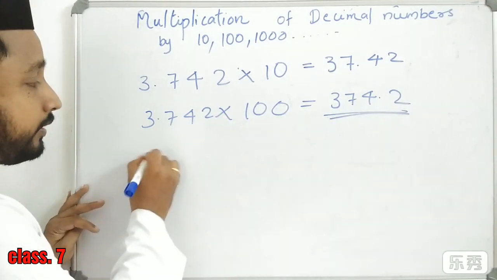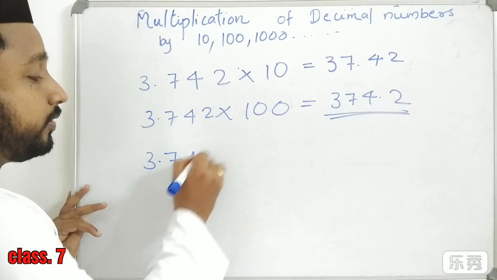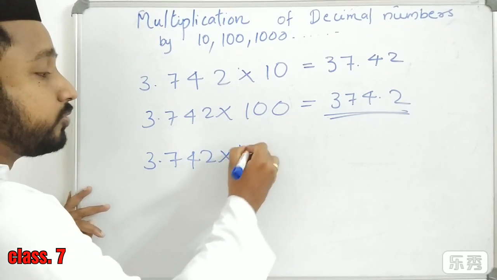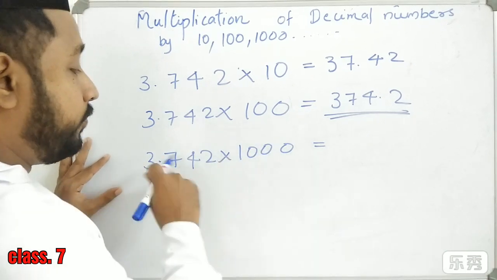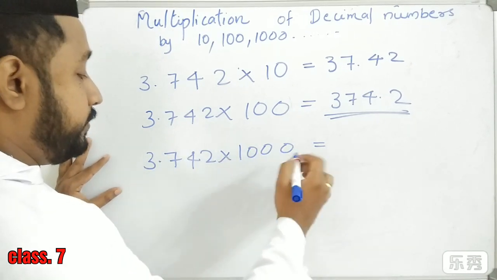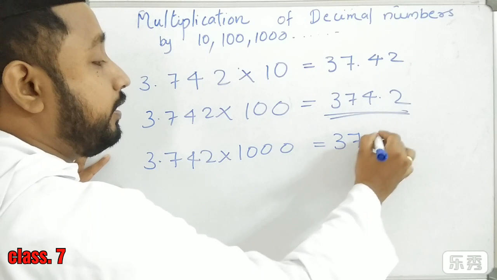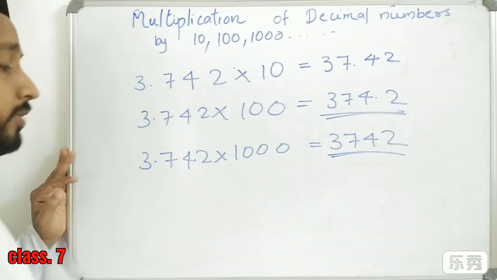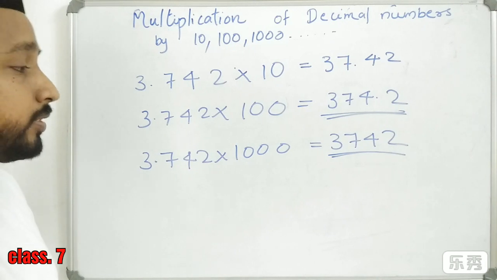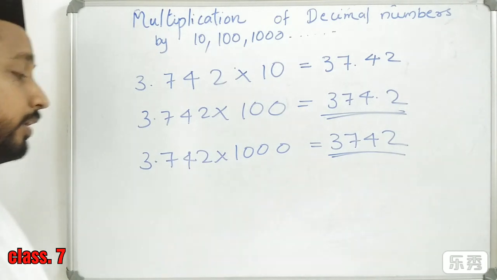Next one, 3.742 into 1000, which is equal to moving 3 points, which means 3742. So 3.742 into 1000 is 3742.